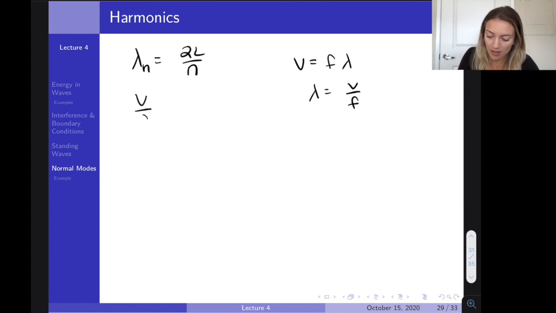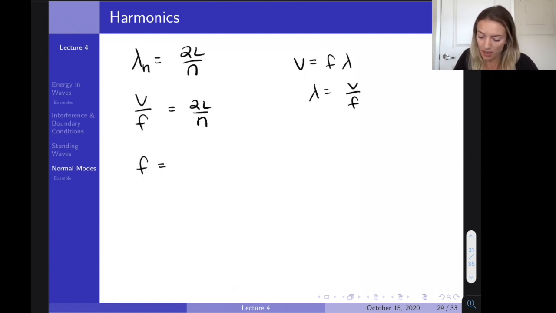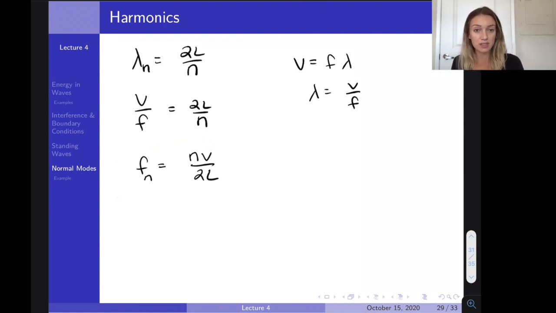So now I have velocity over frequency is equal to 2L over n. And then let's solve for the frequency. So the frequency is going to be n times v over 2L. And I'll make a little subscript here for f sub n. So these are my allowed frequencies if I want to have a standing wave with a node at both ends.